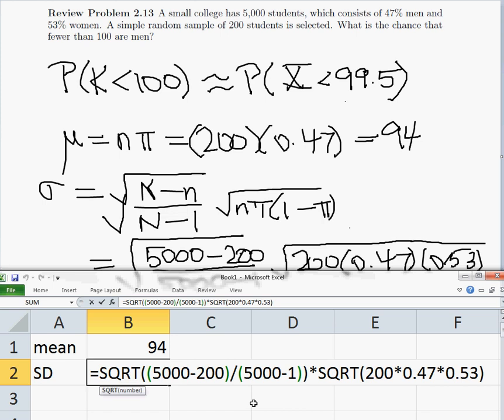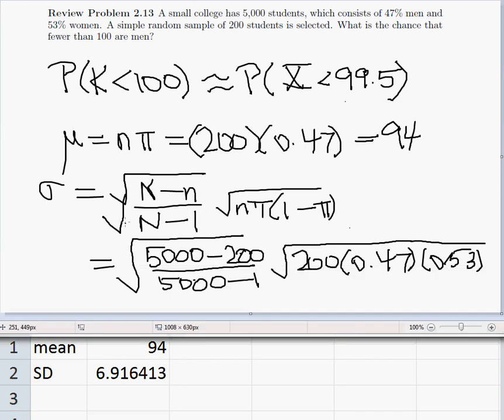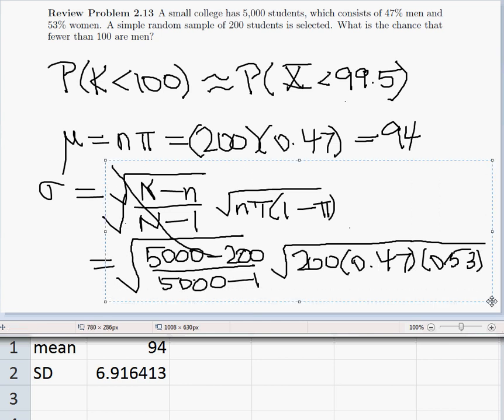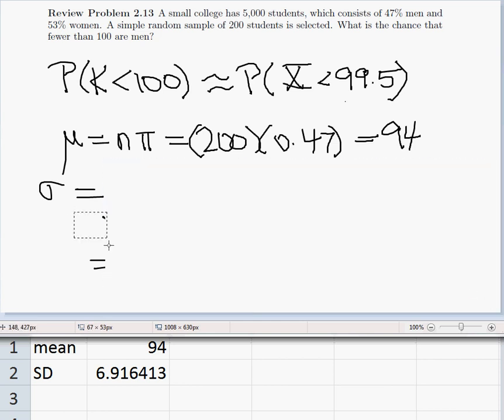There's the formula in Excel, and of course something similar would apply using a calculator. So let me clear out the calculation now that we have it. The standard deviation works out to be 6.916. That takes us to figuring out the probability that x is less than 99.5.